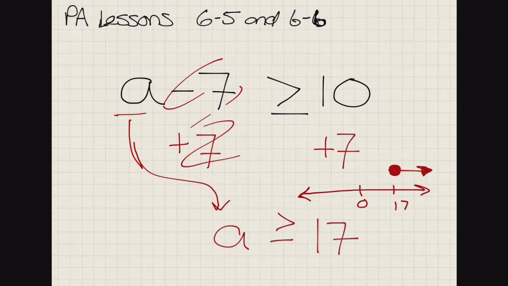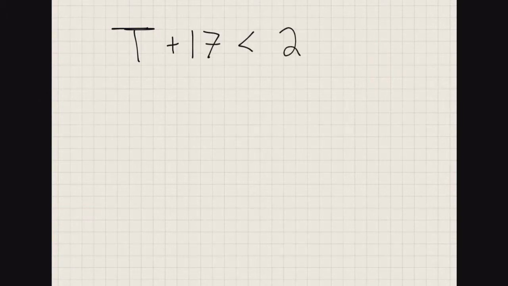Let's look at another scenario here, real quick, just because I feel like it might be useful to us. Let's say we have t, and we are adding 17, but that has to be less than 24. What would I do in this particular situation? Casey? Subtract 17. Okay, I'm going to subtract 17 from both sides.